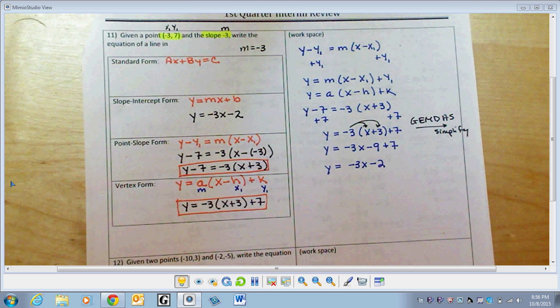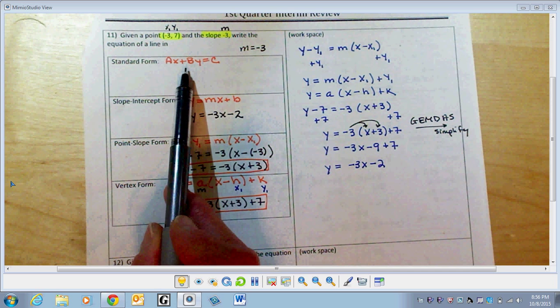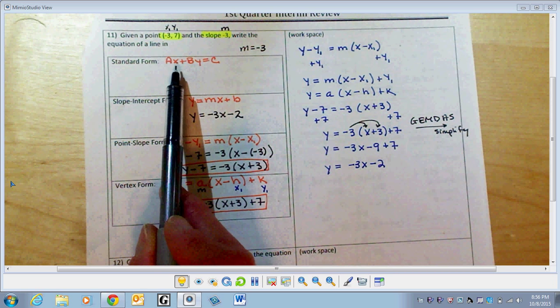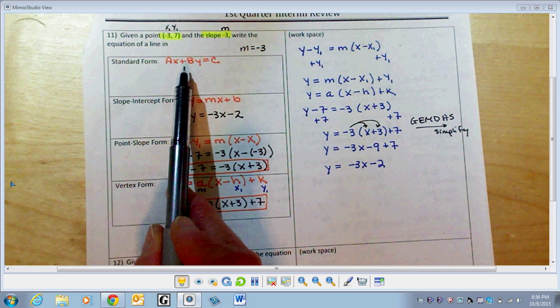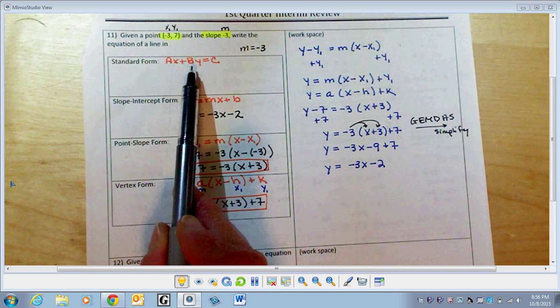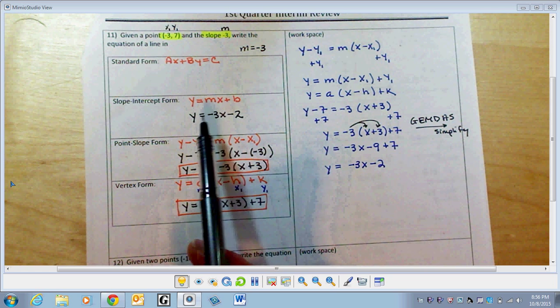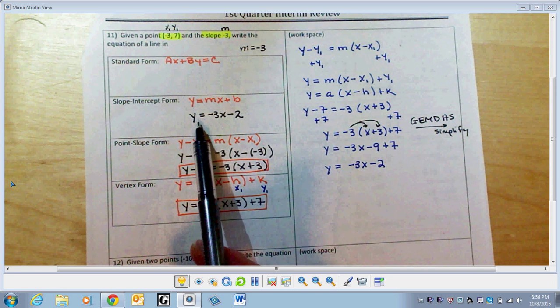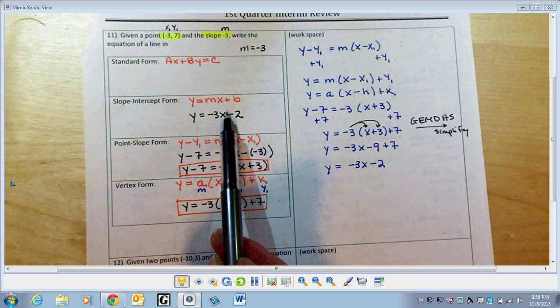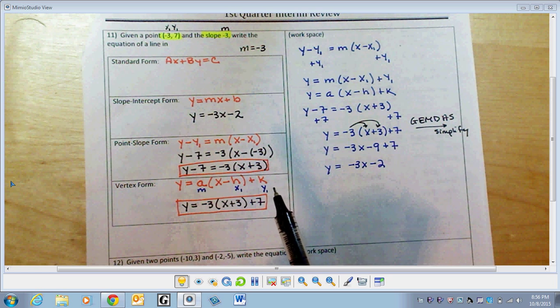So now I just have to get it into standard form. Well, let's look at standard form. My x term and my y term are on the same side as my equal sign. When I look at my slope-intercept form, they're on opposite sides. So that means I have to get this negative 3x over to the y.